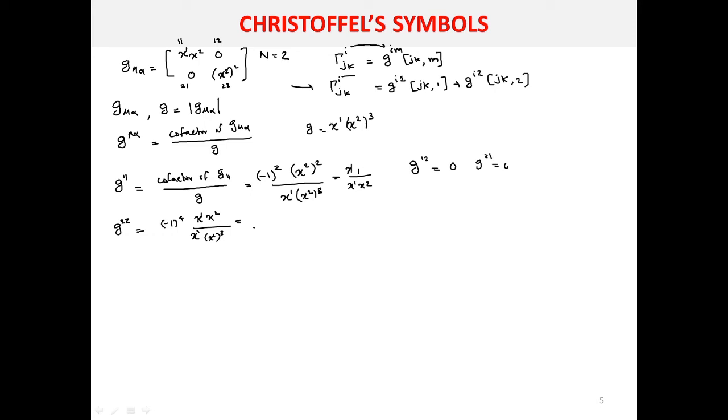So the remaining term will be 1 by x2 the whole square. So we have calculated all the 4 elements g^11, g^12, g^21 and g^22. So now we can calculate the Christoffel symbol of the second kind.